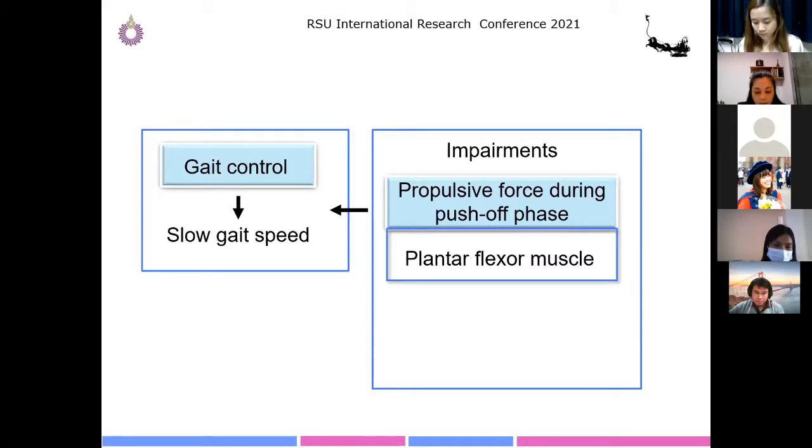Moreover, previous studies show that impairment of upper limb and lower limb motor function was considered to have an effect on gait. The propulsive force during walking comes from the plantar flexor muscle.